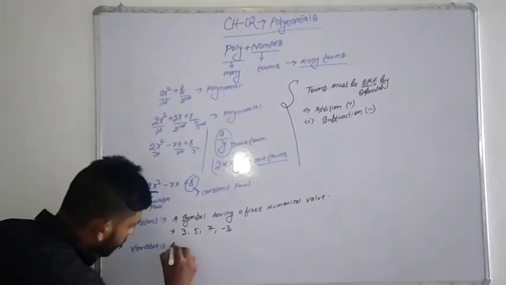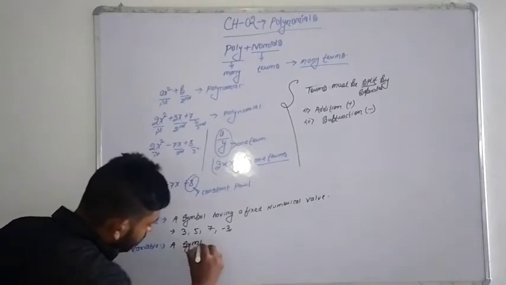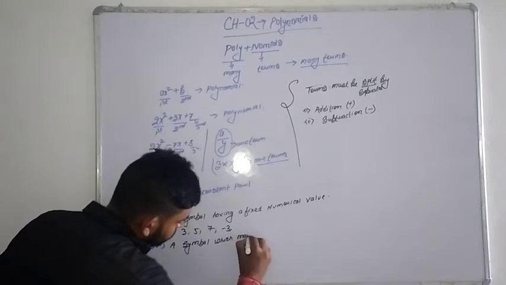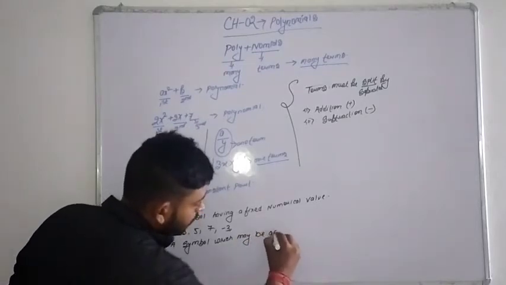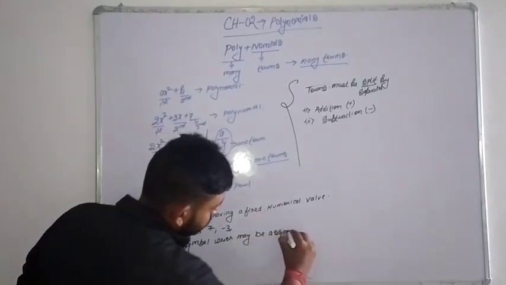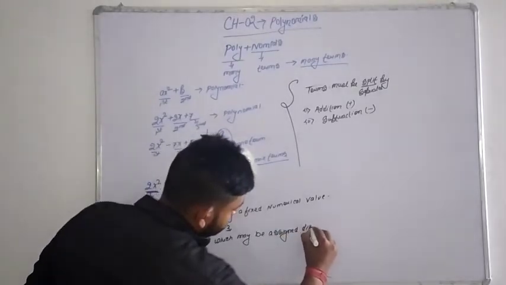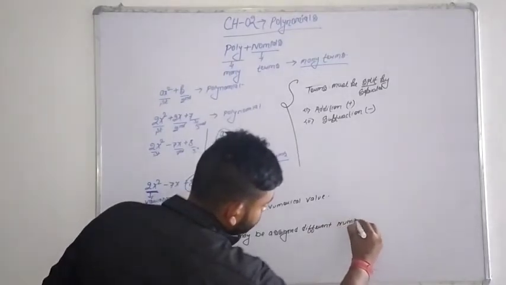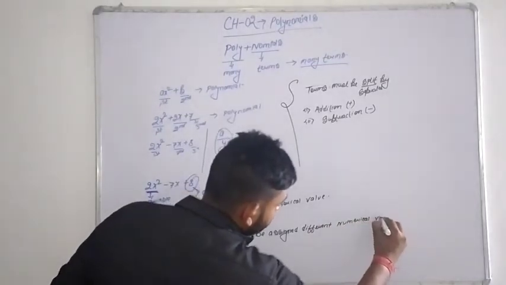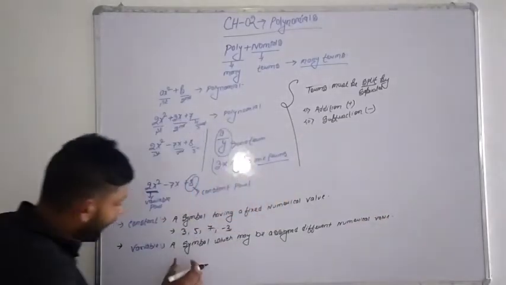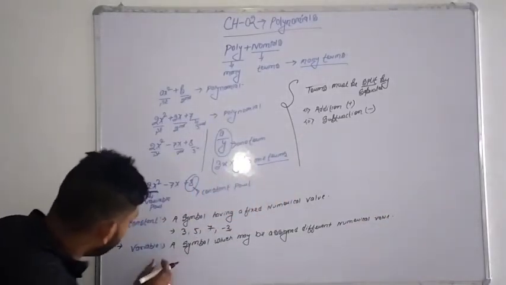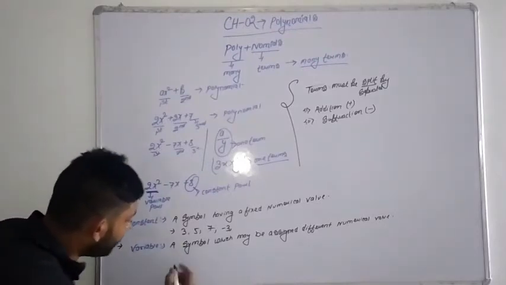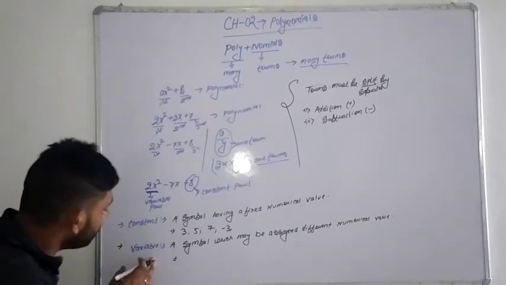A variable is a symbol which may be assigned different numerical values. That means if we put the value of x equal to 1, 2, 3, we get different numbers.